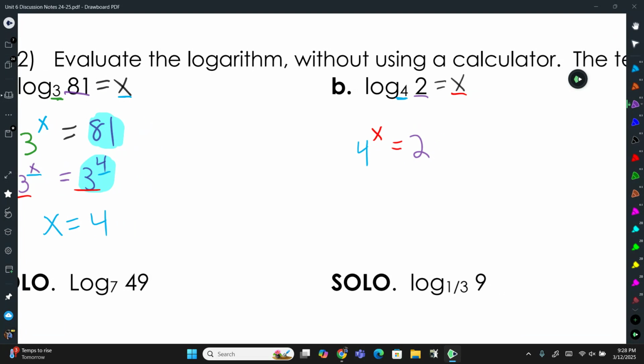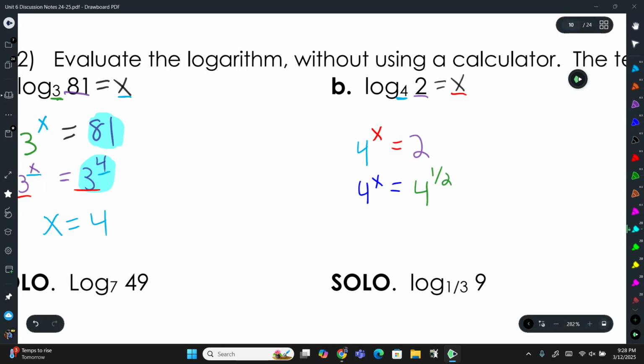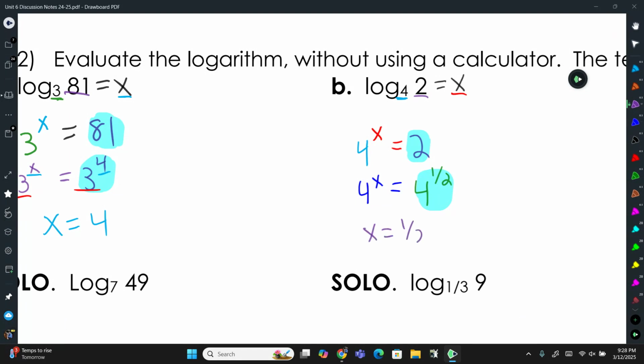Well, remember, we can use negative exponents, we can use fractional exponents, which are the same thing as radicals. So 4 to the x, well, I can repackage this 2 as 4 to the 1/2 power. Right? Because the 1/2 power is the square root. The square root of 4 is 2. So now that the bases are the same, I can say x equals 1/2.